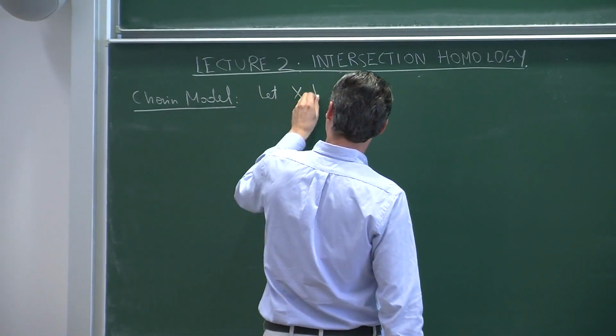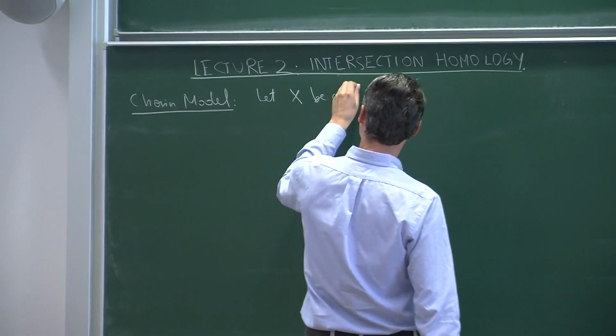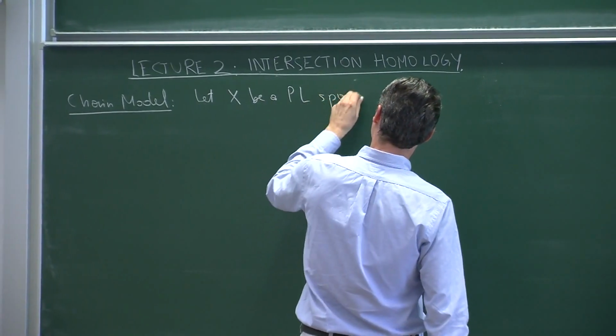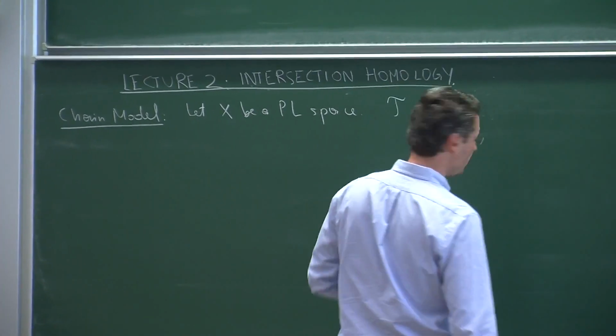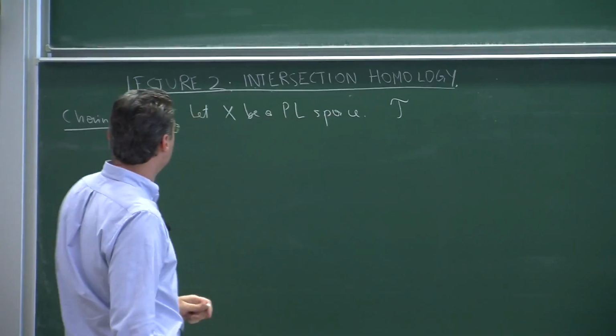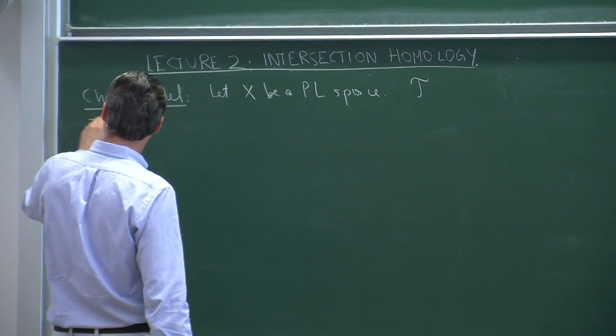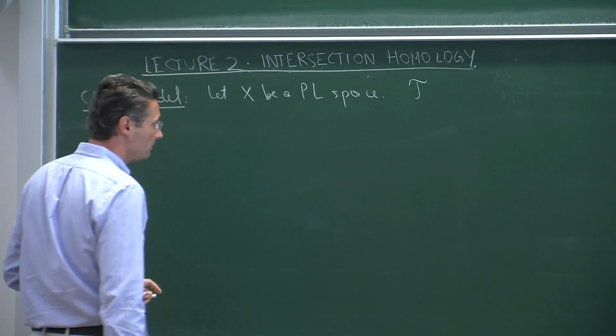So let X be a PL space. That means we have a class of triangulations, locally finite. Now suppose T is a triangulation coming from this collection.